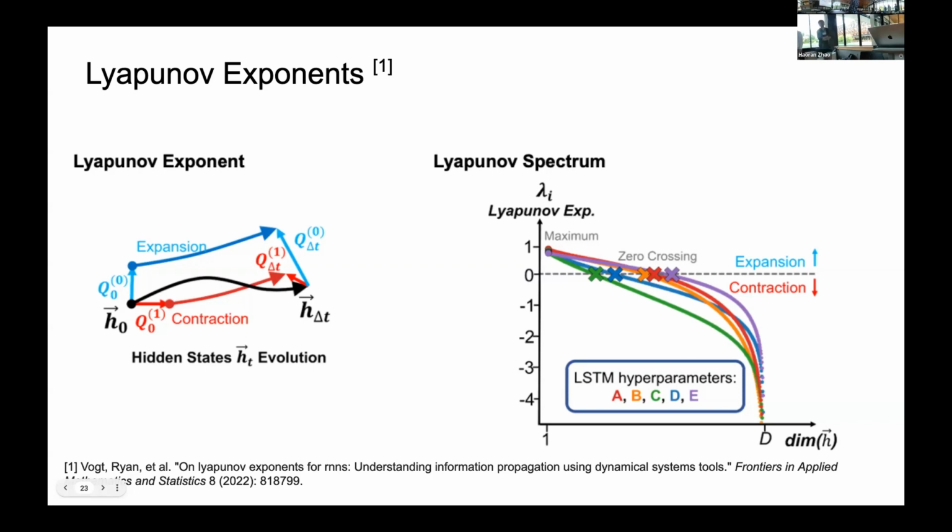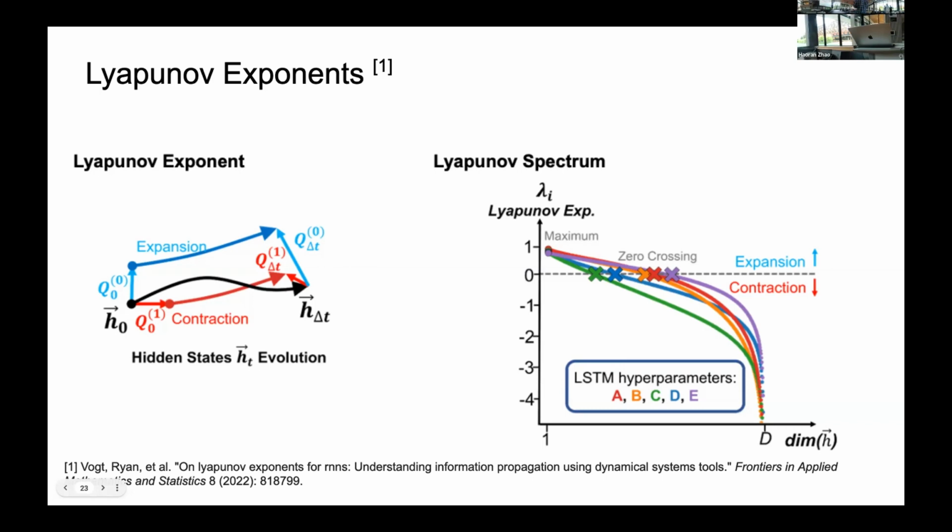Then for the next time step, the red one is shrunk, but the blue one is expanded. So it's kind of like the eigenvalue and eigenvector. The eigenvector direction is expanded and contracted. Okay, yeah, I see.